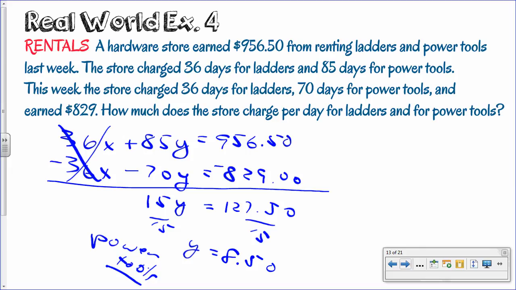Okay, let's find X now. Find out for ladders. 36 times 8.50 plus 85y equals 956.50. What's 36 times 8.5? We'll do that on the calculator real quick. That's 306, plus 85y.